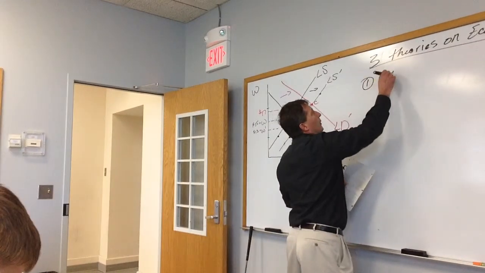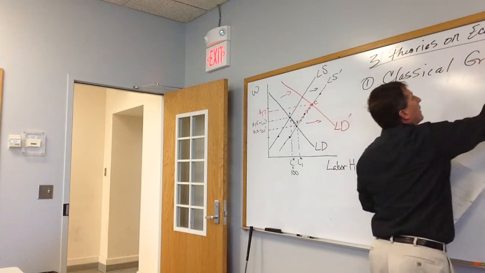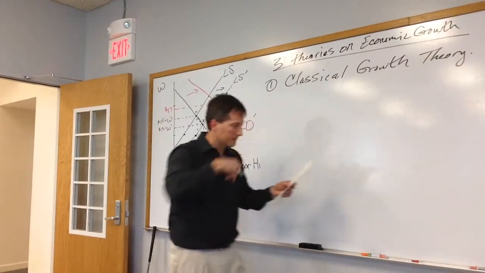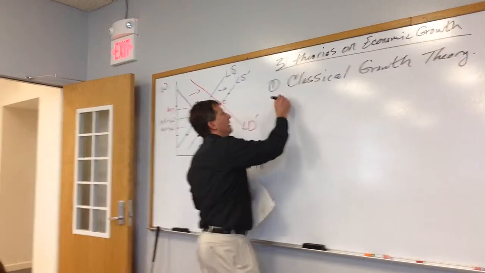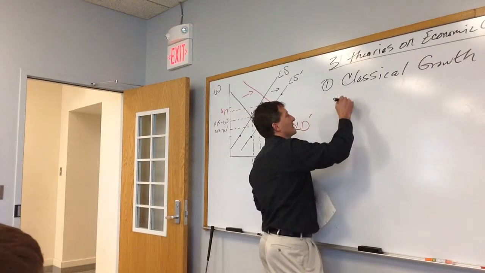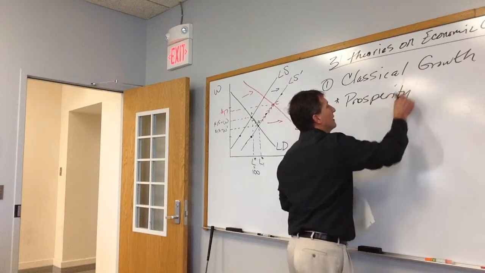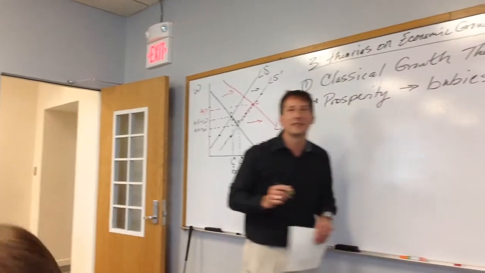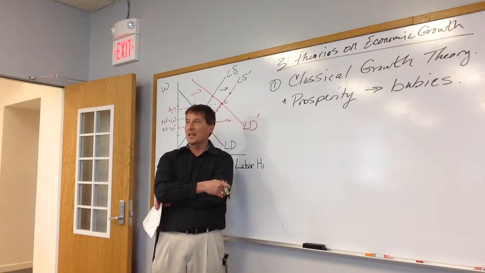So, number one is the classical growth theory. This is the earliest one. Here's what they came up with. This is old school now. Prosperity leads to babies. You're doing good, you crank out some more kids.